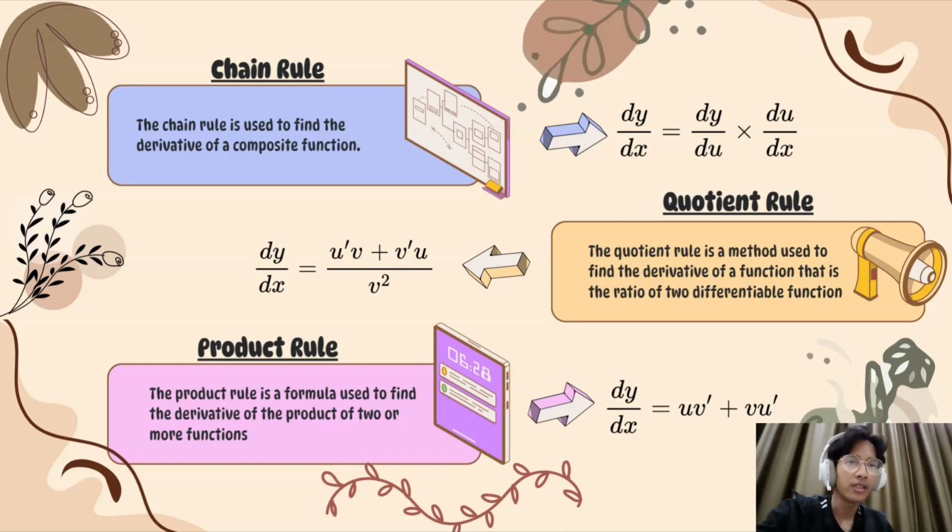And last but not least, the final rule is the product rule. The product rule is a formula used to find the derivative of the product of two or more functions. The product rule is actually quite similar to the quotient rule, but it's easier. The formula is dy over dx equals u times v prime plus v times u prime.